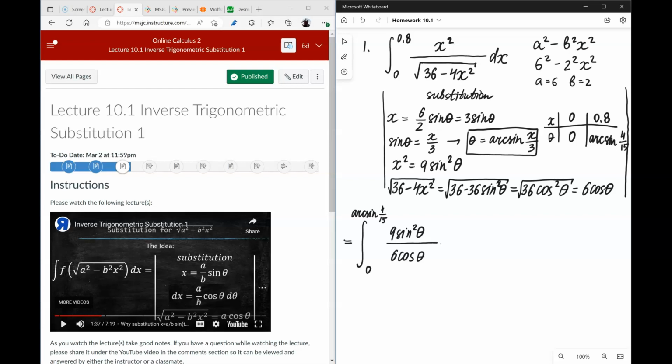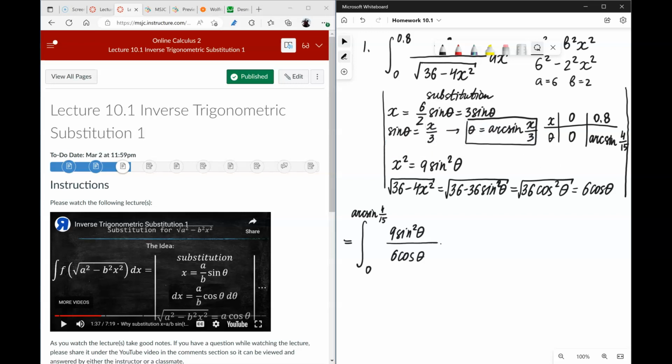Dx is going to be simply 3 cosine theta d theta. So here goes 3 cosine theta d theta.